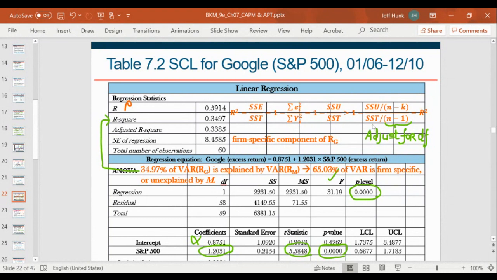Now, this R squared needs to be actually adjusted for degrees of freedom. Remember, I've been talking about when we calculated variance or standard deviation. If there are n data points, right?